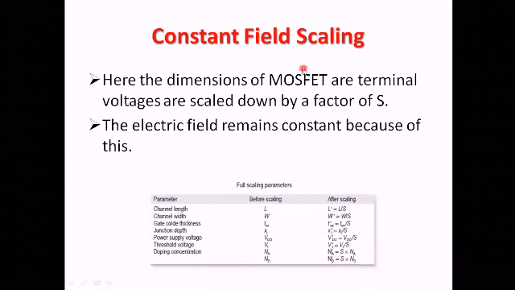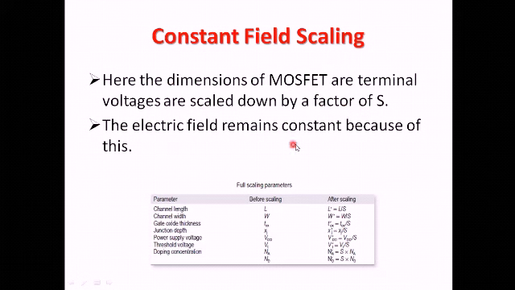Now we have come to constant field scaling. So here is the first point. The dimensions of the MOS and the terminal voltages are scaled down by the factor of S. That is, this scaling option attempts to preserve the magnitude of the electric fields in the MOSFET.